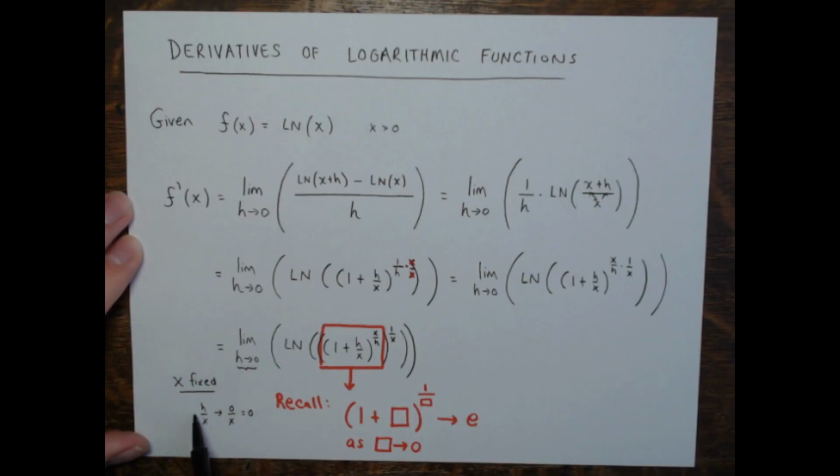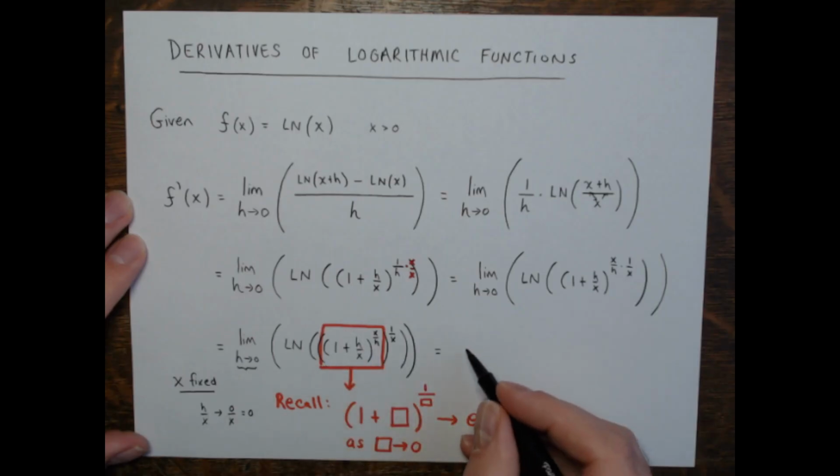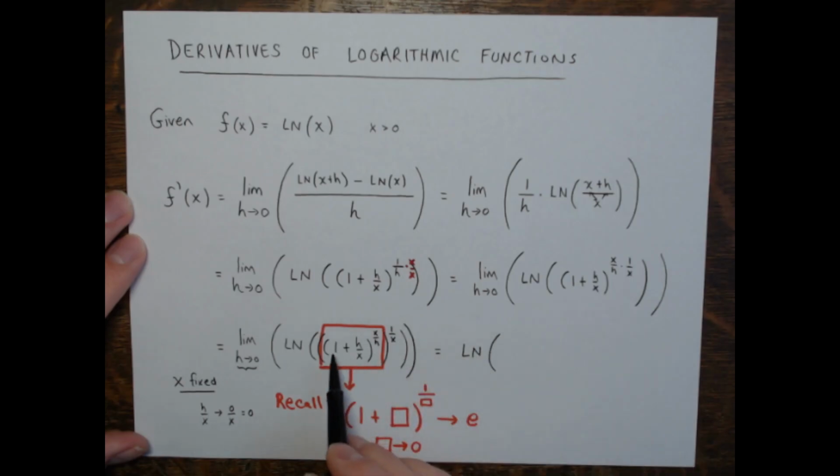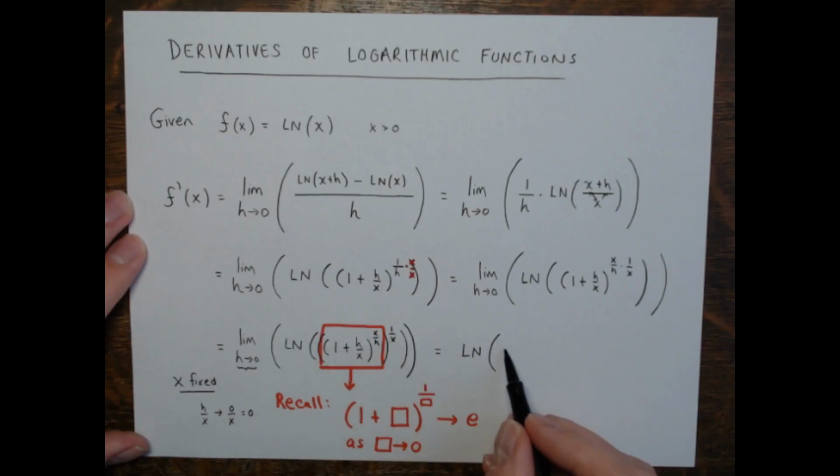So this h over x, the expression in the box, is approaching 0, and I have 1 plus that expression raised to the reciprocal of that expression. So this thing I have in the orange box here, when I take the limit as h goes to 0, is going to e. So we end up with, after taking the limit, the natural log of e to the 1 over x power.